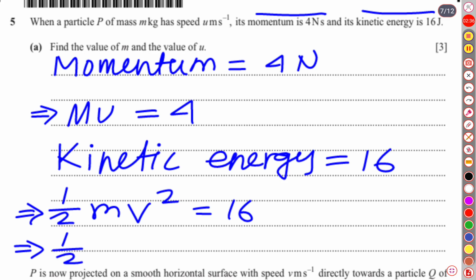If we look at the question, it is mentioned that speed is u meters per second, so the initial and final velocities are the same in this case. That's why instead of v squared, we can write mass into u into u, because as speed has been mentioned, that means final and initial velocities are the same. This is 16.